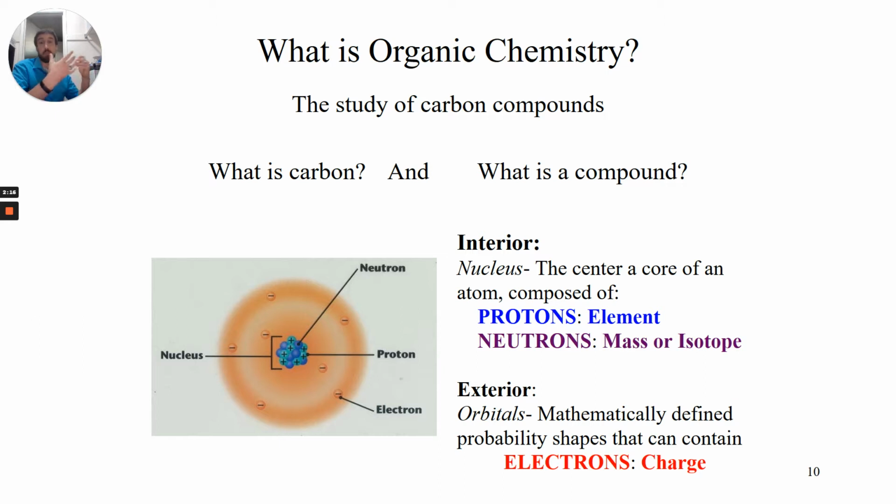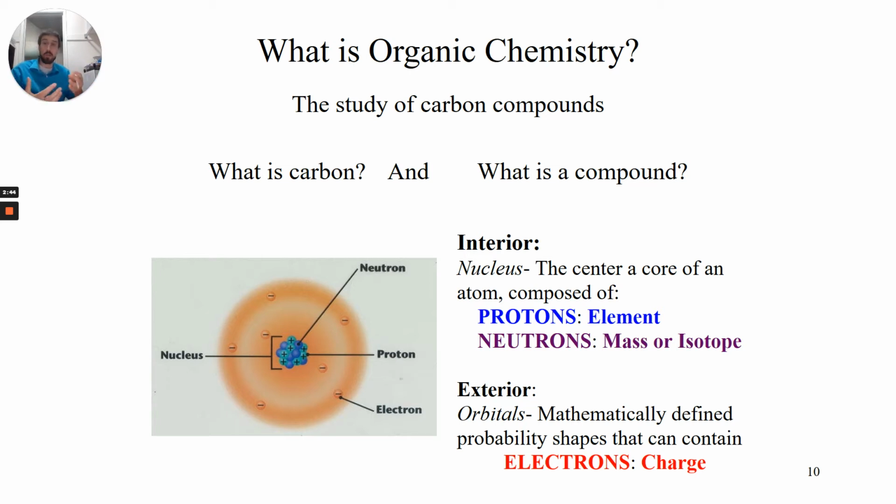To me, the proton is going to define the element. You change the number of protons, you have a different element. Neutrons define your mass or isotope once you have that element determined. And on the outside of our atomic structure, we have our electrons, which are going to define our charge. Just like neutrons and protons contribute to mass, charge is electrons and protons, so it's the blend of both.